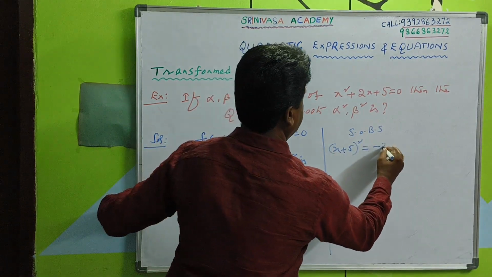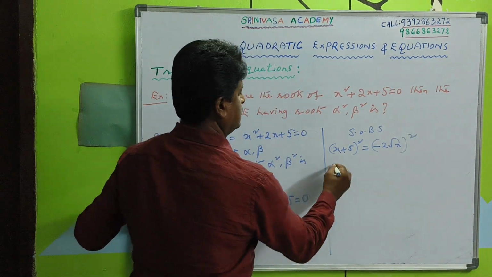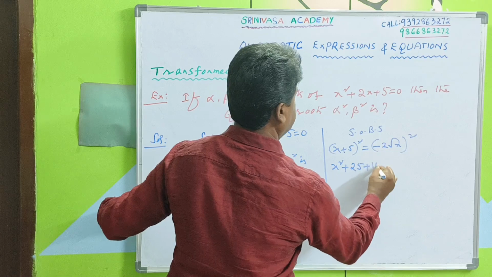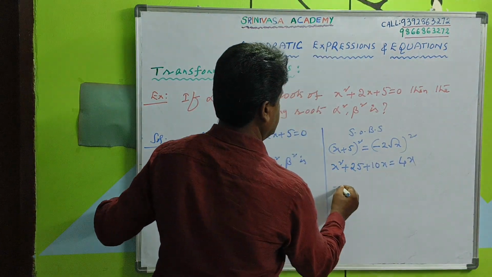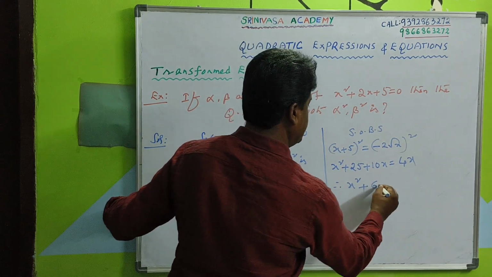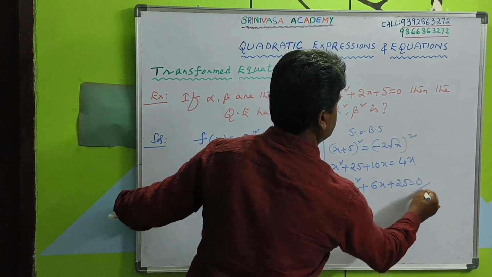Right hand side minus 2 root x whole square. So this is x square plus 25 plus 10x is equals to 4x. Therefore x square, 4x bringing this side, 6x plus 25 is equals to 0.